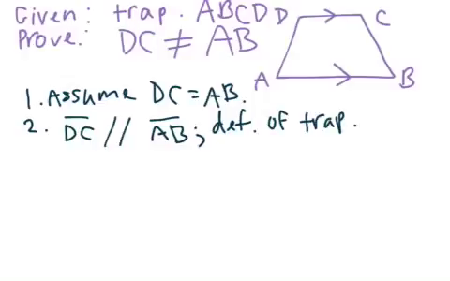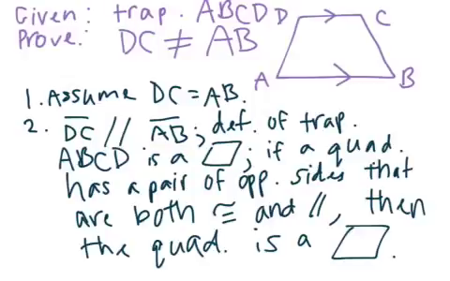By that theorem, that means the quadrilateral is a parallelogram. So now we can conclude that ABCD is a parallelogram, because if a quadrilateral has a pair of opposite sides that are both congruent and parallel, then the quadrilateral is a parallelogram.